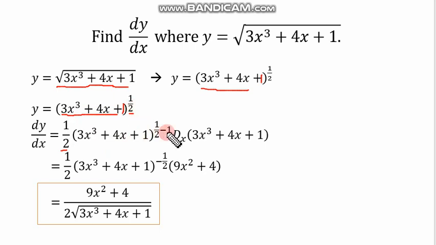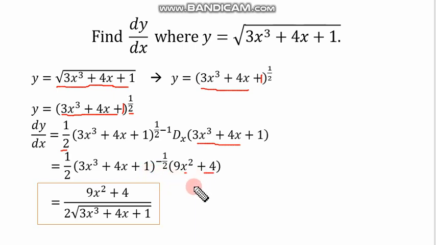And then 1/2 minus 1 according to the generalized power rule. Next is the derivative of the inner function, 3x cubed plus 4x plus 1, which is 9x squared plus 4. So this is 1/2 times the quantity 3x cubed plus 4x plus 1 raised to negative 1/2 times 9x squared plus 4.